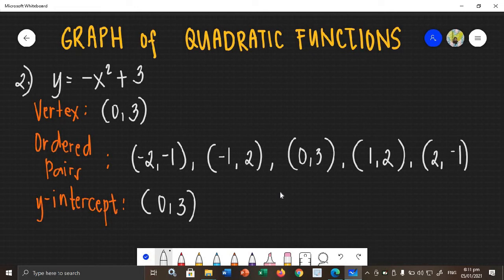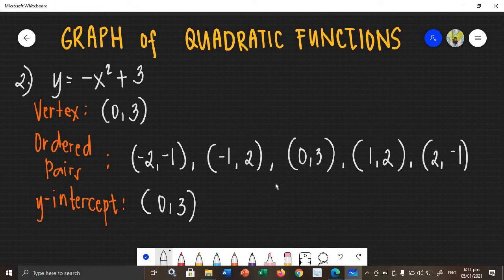I'm not quite sure if we can consider it as an x and y intercept, but as far as I know, no. So in example number 1, we have no x and y intercept. In our second example, our vertex can also be considered as our y-intercept. So that is how you graph the second form of quadratic function.